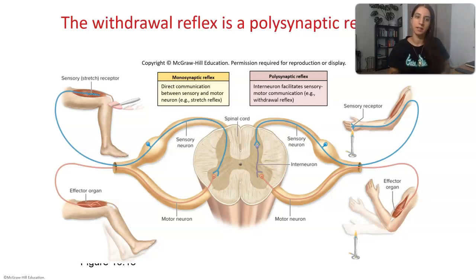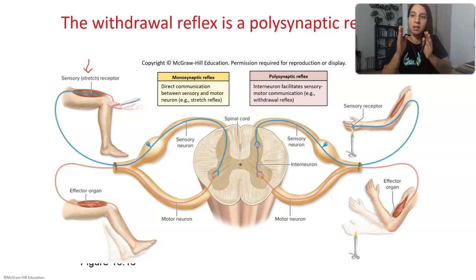For example, in the stretch reflex or the patellar reflex, when you go to the doctor or physiology lab, you smack the patella with the hammer, and there is a stretch receptor in the muscle, in the rectus femoris or wherever, that senses a stretch, and the response of that stretch is for the muscle to contract, and therefore you extend the leg.